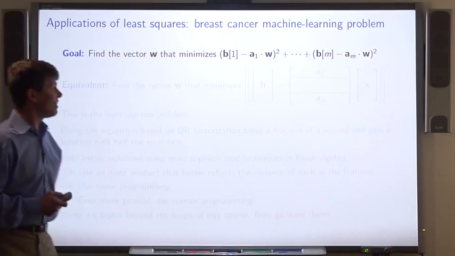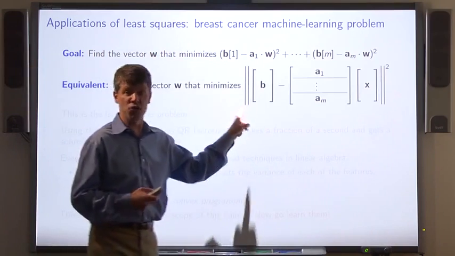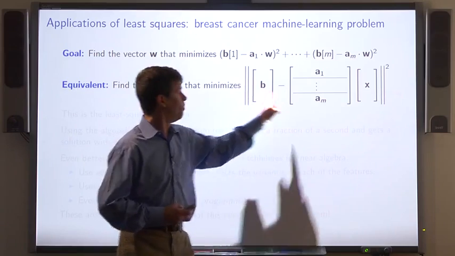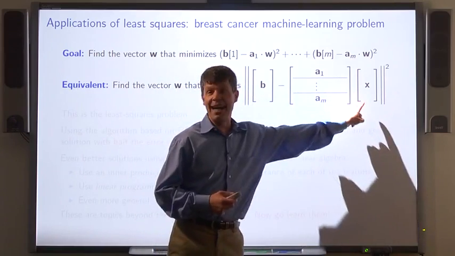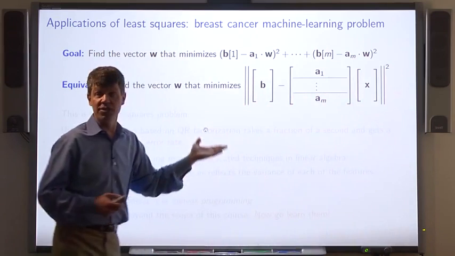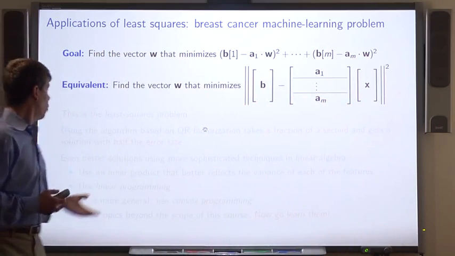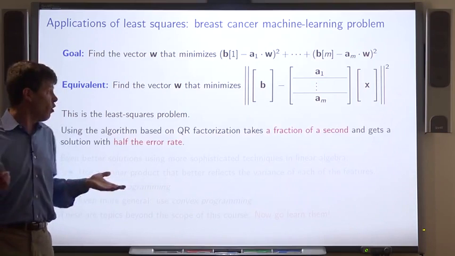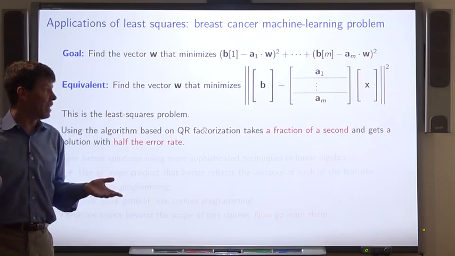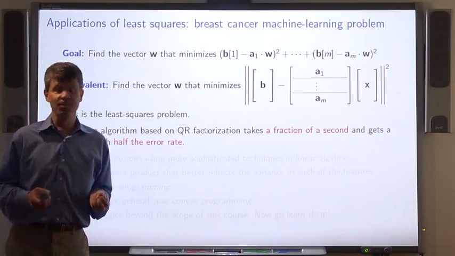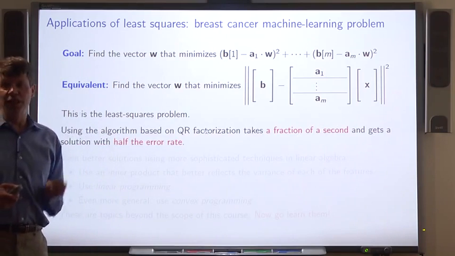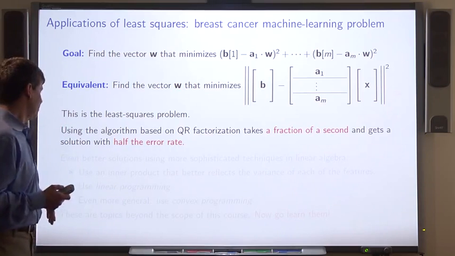Well, we can rewrite that sum of squares as the squared norm of a vector B minus A times x. This is just the least squares problem. So we can go ahead and use the algorithm based on QR factorization. It takes a fraction of a second, and it gets a better solution, a solution with smaller error.